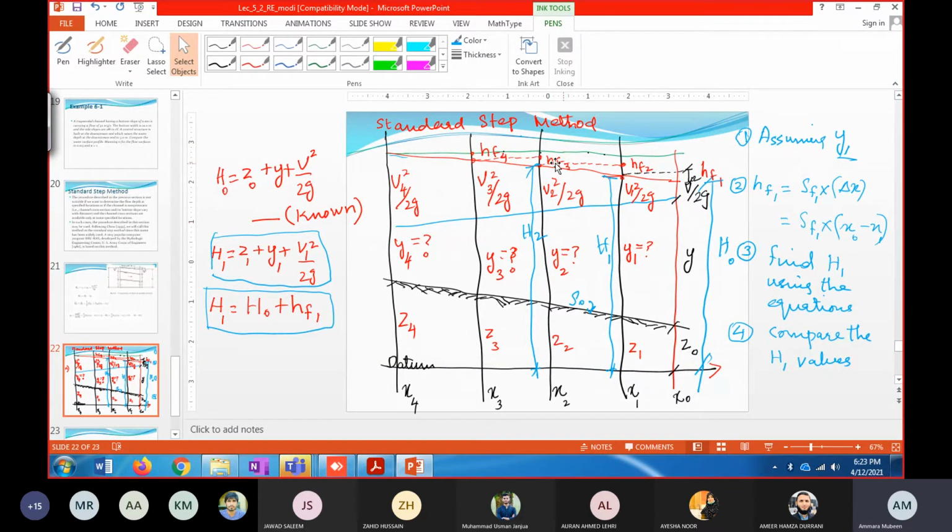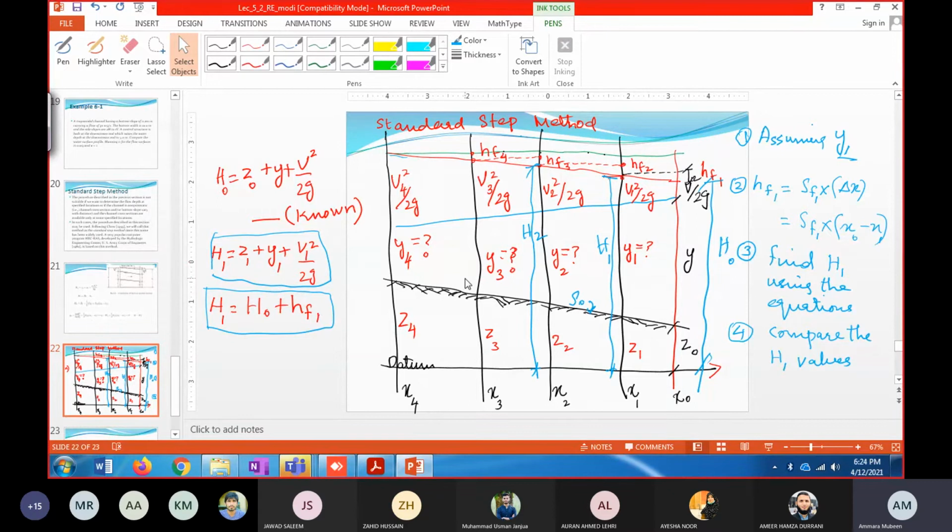HF2 would be calculated using SF2 multiplied by delta x between the sections, and then find H1 using the equations. Since all the parameters would be calculated, you can find H1 using these two equations and then compare.